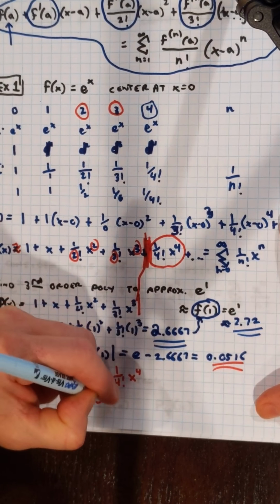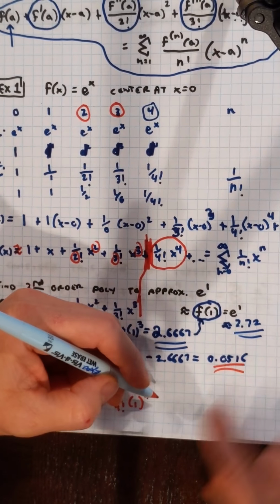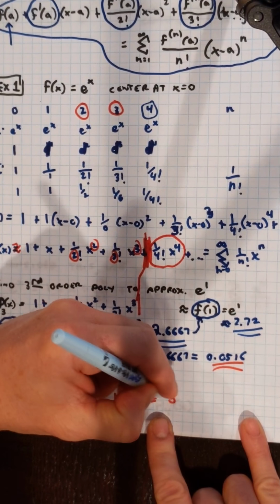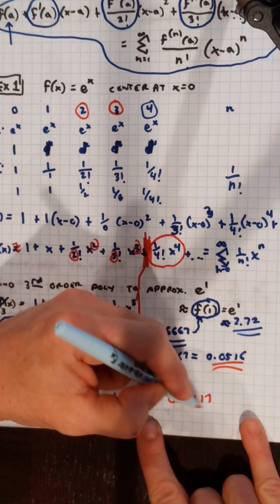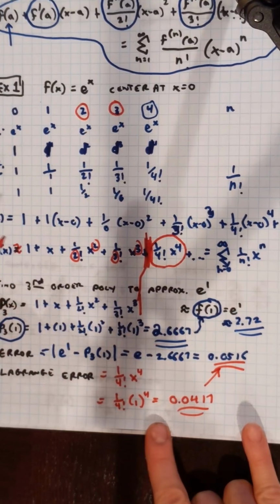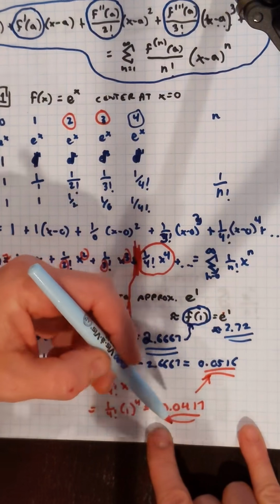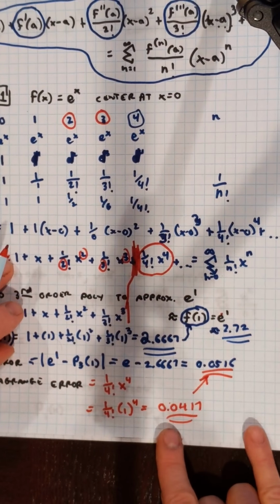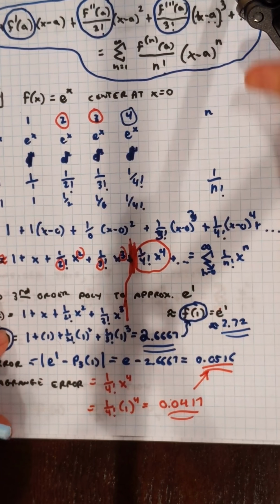Well, our x here, we were trying it at 1, which gives me an approximation of my error of 0.0417. So the actual error is this. However, sometimes we can't actually find the function value, so we're going to have to use Lagrange to approximate our error in our problems. Keep in mind, I'm doing these for center of 0.